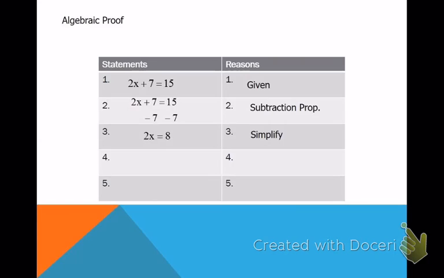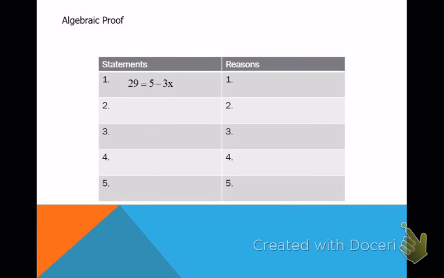The next step into solving this equation is going to be divide by 2, right? Since we're dividing by 2, our reason is simply going to be the division property. Okay? And then when we actually divide everything out to get x equals 4, we're simplifying. And it's really that simple. Okay? There's not a whole lot more to it than that.